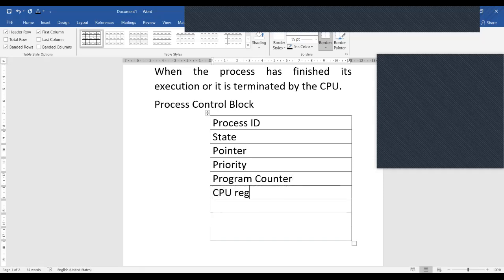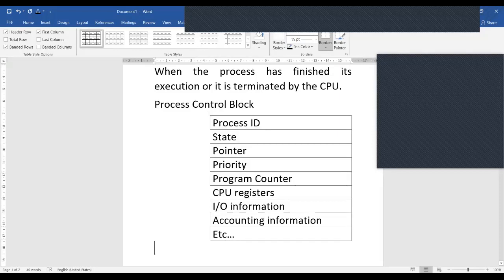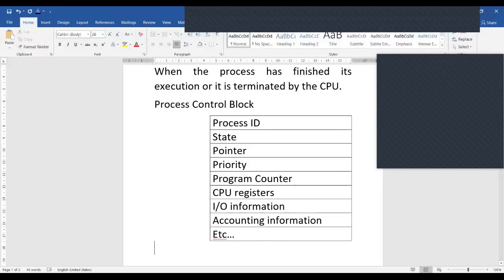CPU registers. IO information, then accounting information, etc. Other fields. But mainly these are the main components of the process control block.